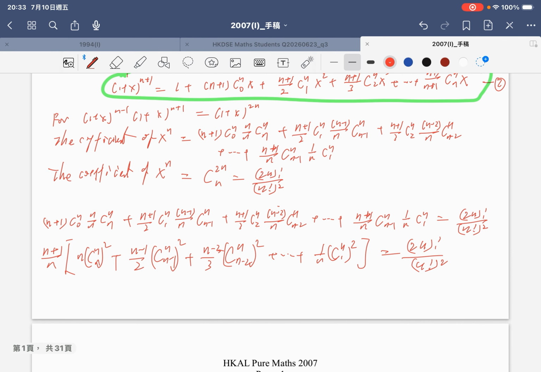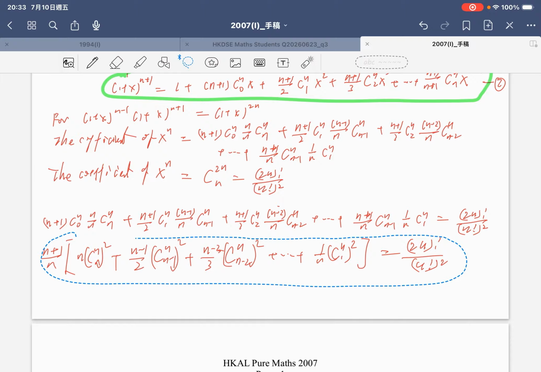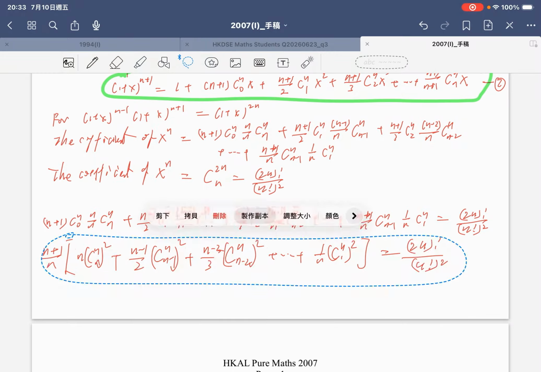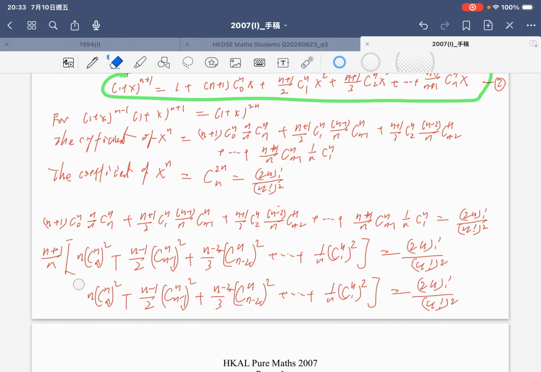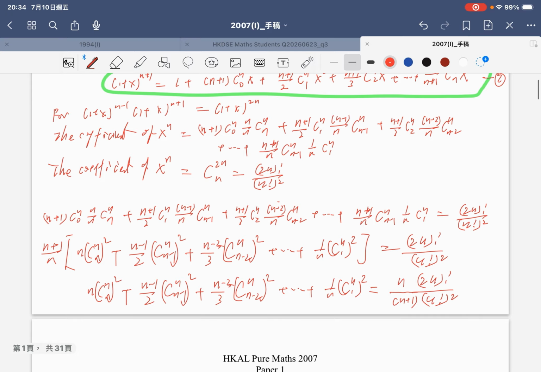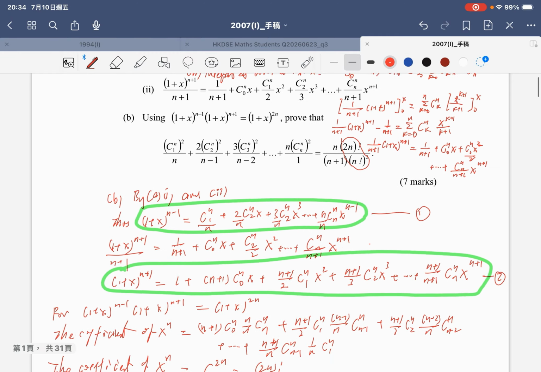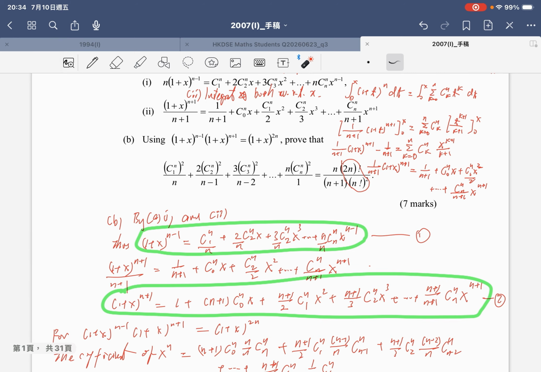And move. Okay, I copy the final part. Move this term to the right hand side. That is n over n plus 1. That actually is our identity, the question we want.